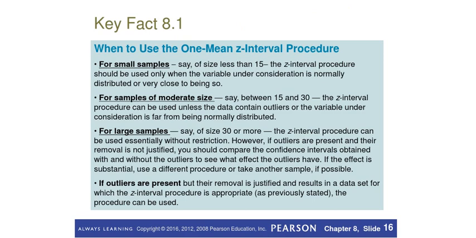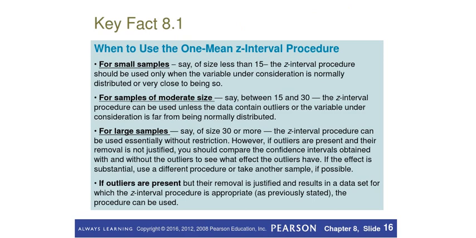If we have a moderately sized sample, somewhere between 15 and 30, some of the same problems involve themselves. The z-interval procedure can be used, though, unless the data contains outliers or the variable under consideration is far from being normally distributed. If we were to check it out, we might find that the sample does not represent a normally distributed variable.